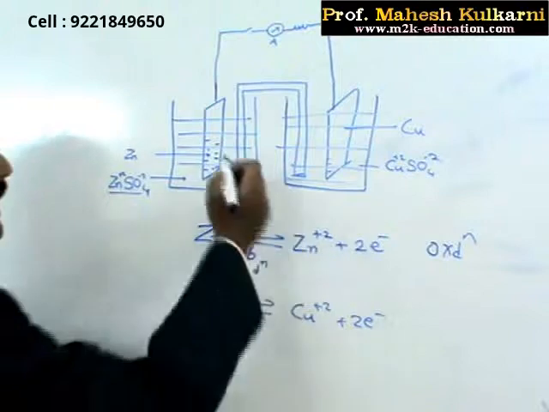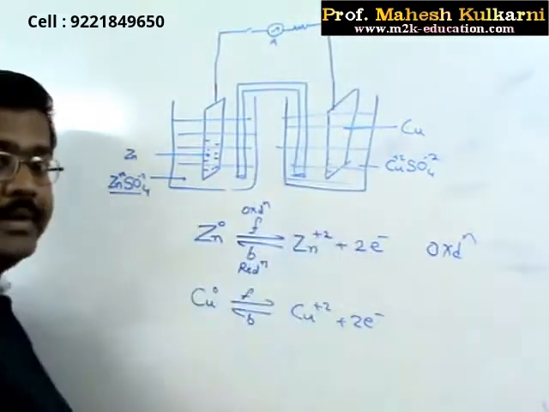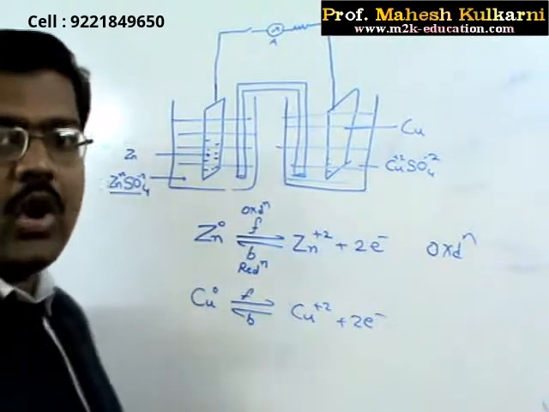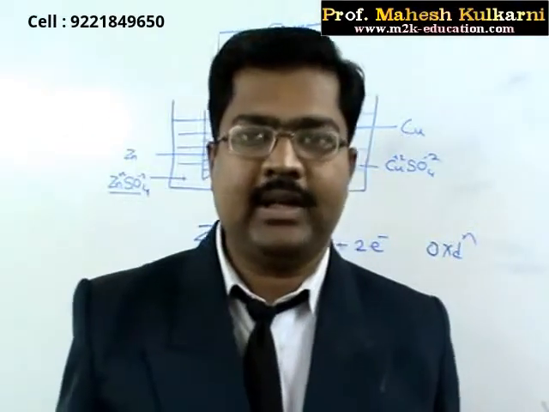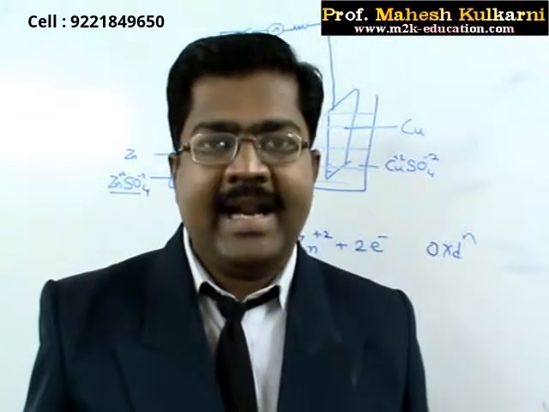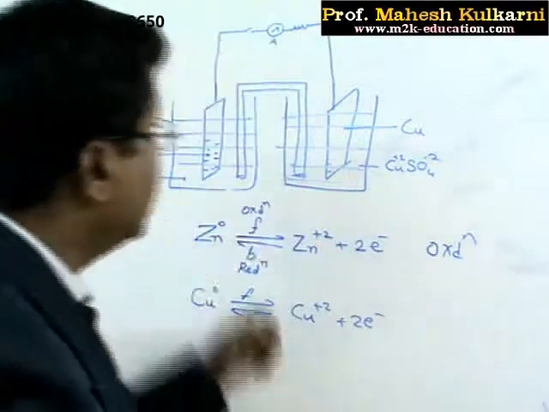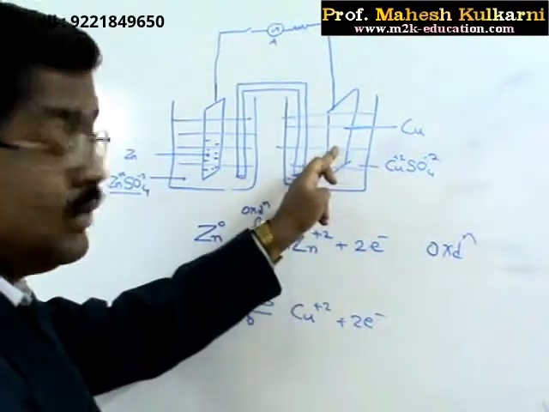As a result, electrons start flowing from the zinc plate to the copper plate. The flow of electrons is electrical current. Electrons are carrying kinetic energy. So we are getting a flow of electrons over here.